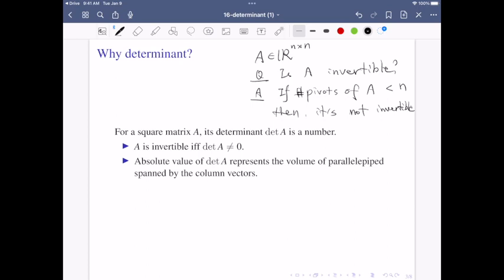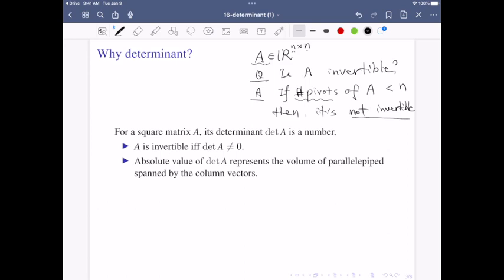So what you do is change A into its REF form and count the number of pivots. If this equals n, the number of rows or columns, then you can say it's invertible. It's a good matrix. Otherwise, you have some free variables and some singular behaviors, which means not invertible.